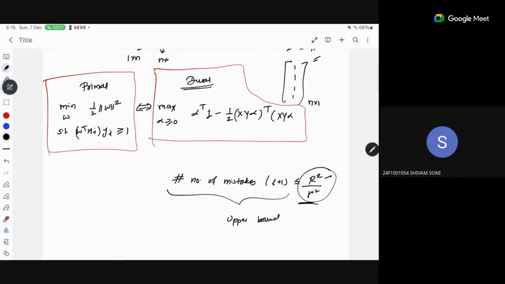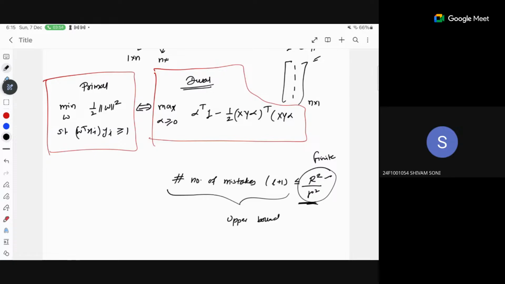Since R square is the maximum radius over the data points, and gamma is bounded, as we have seen, this number will be some finite number. If it is finite, the algorithm will converge within certain finite limits.